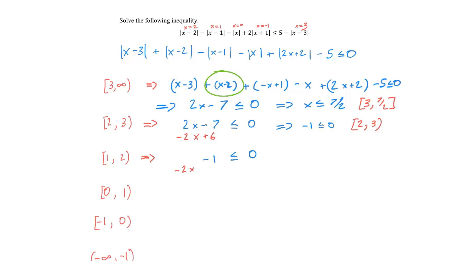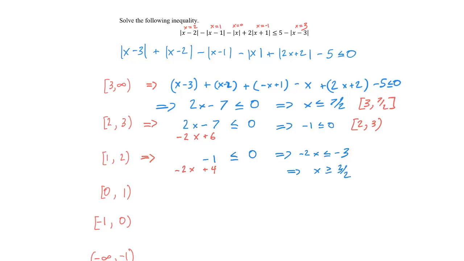And for the constant term, this time a minus 2 is changing to a positive 2, so it's going up by 4. So we can go ahead and do our simplification, and this time we get minus 2x is less than or equal to minus 3, which means that our x is bigger than or equal to 3 over 2.